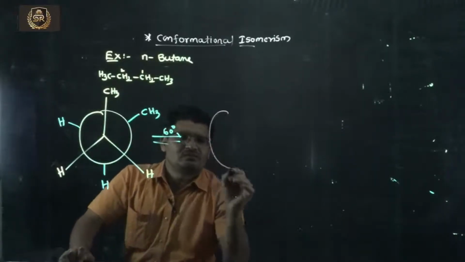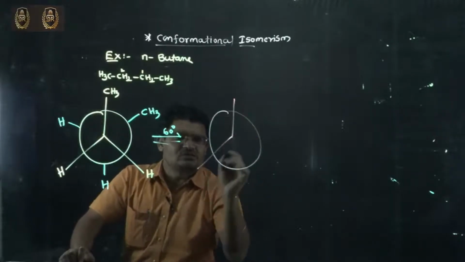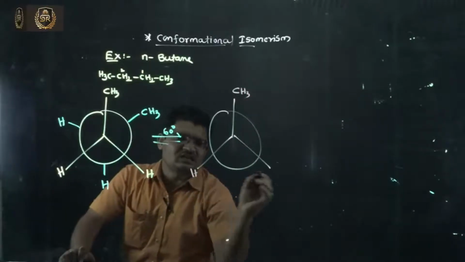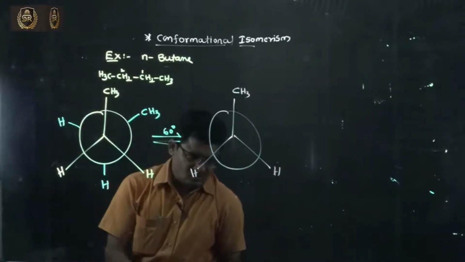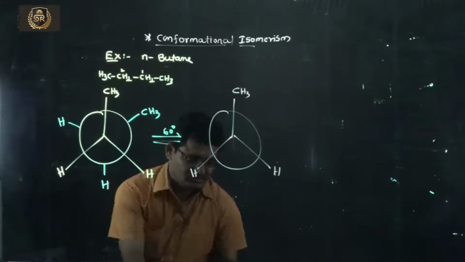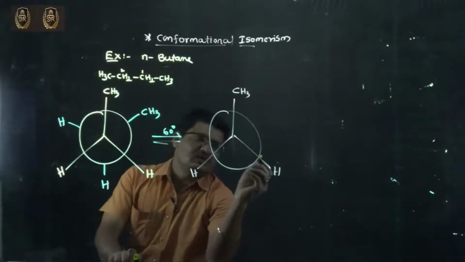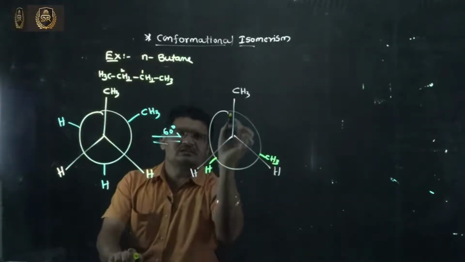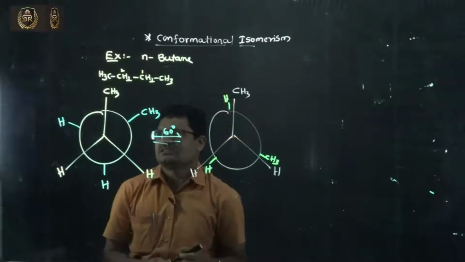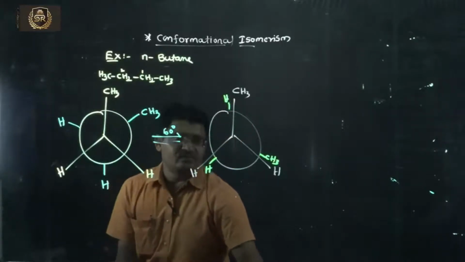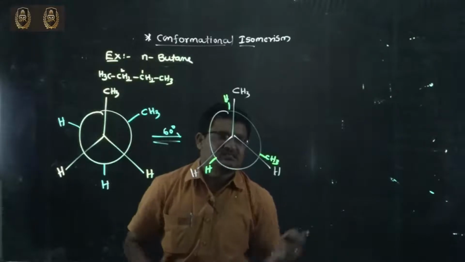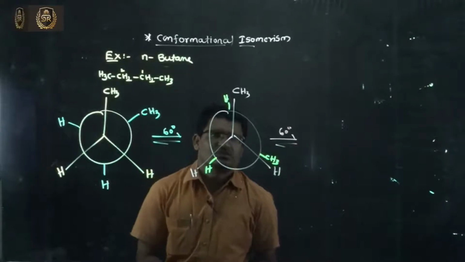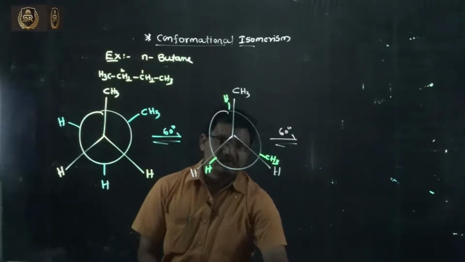This is the form in which the groups are closest to each other. This is CH3, this is H, this is H. Now in this one, this CH3 comes to this side, and the hydrogens are on these sides. This is the second one. If we again rotate 60 degrees, a compound like this is formed.